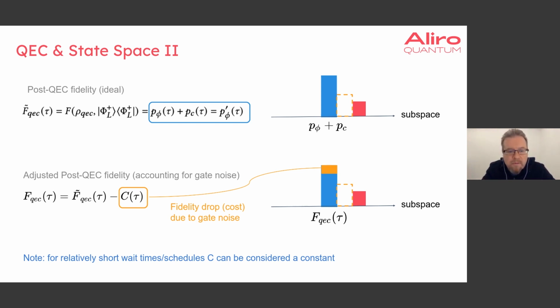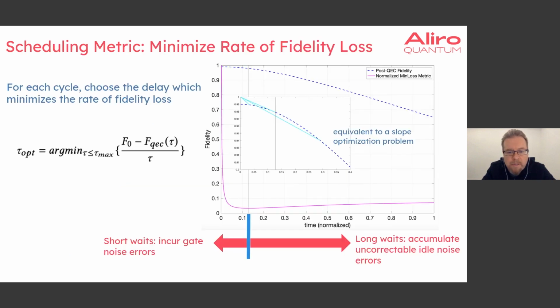This is a fairly complex problem, so we model this conservatively with essentially a constant offset that can be tailored also toward how long you are into the schedule when you're applying your QEC circuit.